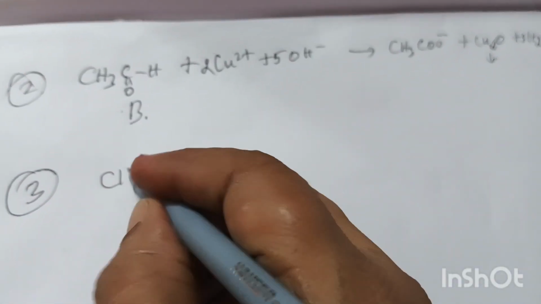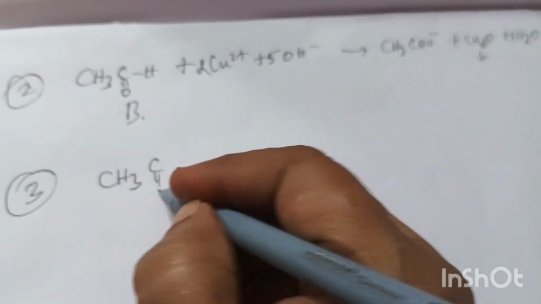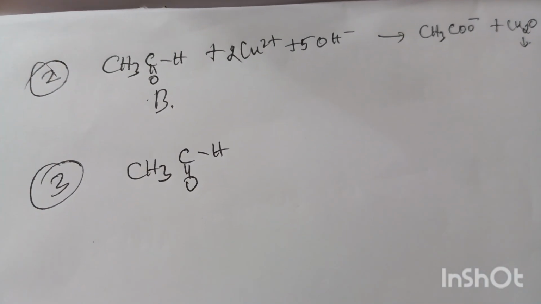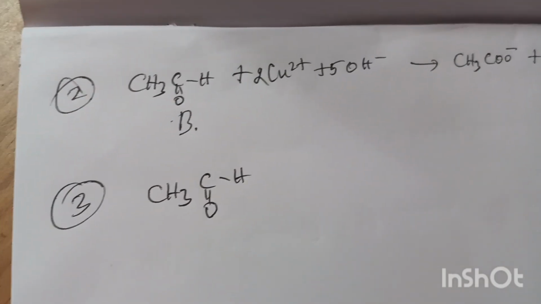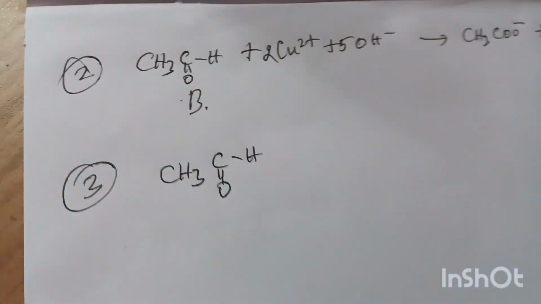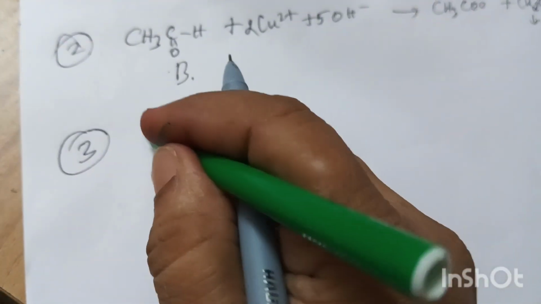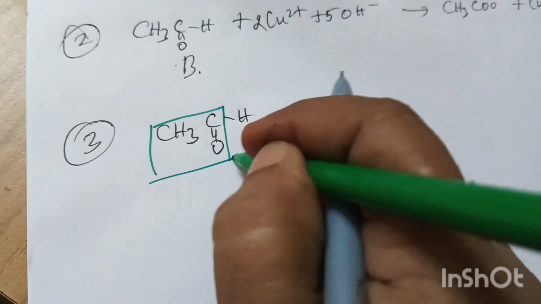Now with B we have to write the iodoform test. Why does it give the iodoform test? Though it is an aldehyde, this portion, CH3 C double bond OH, is responsible for the iodoform test.